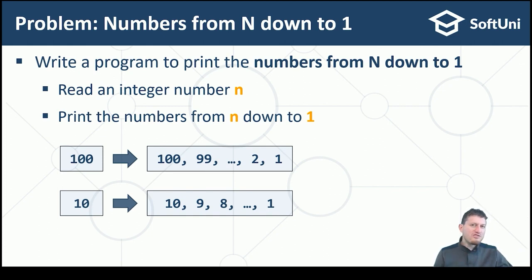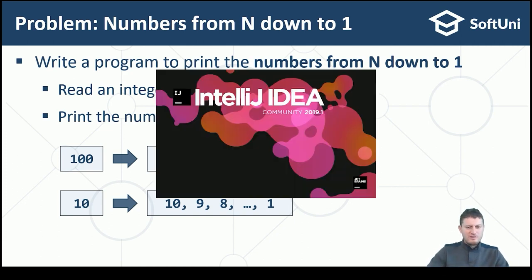But IntelliJ IDEA is very heavy software. So I usually start it preliminary before the lesson, but I forgot to do this before the start. So once it loads, I will create first a project for this.